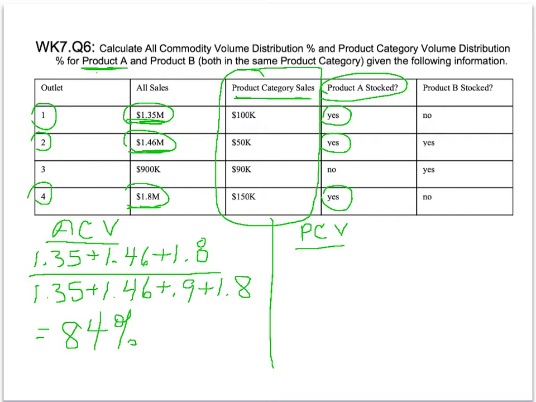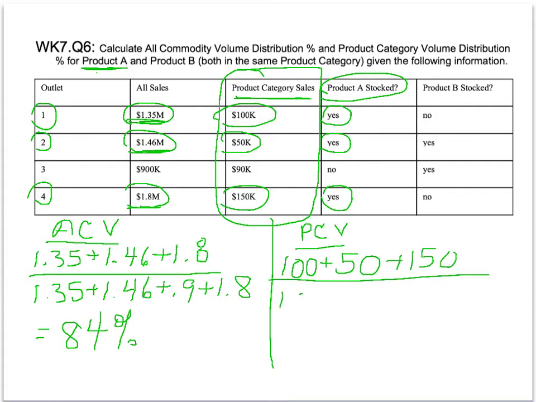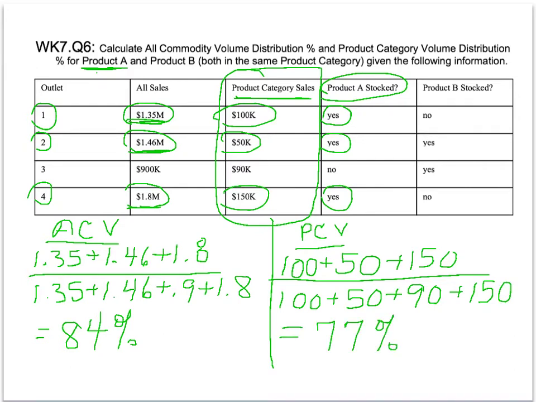Again, we execute the formula in a similar way: we take the product category sales volume for each of the outlets in which we are stocked, divided by the total sales for all of the potential outlets added together. And here we get a lower number, a PCV of 77%.